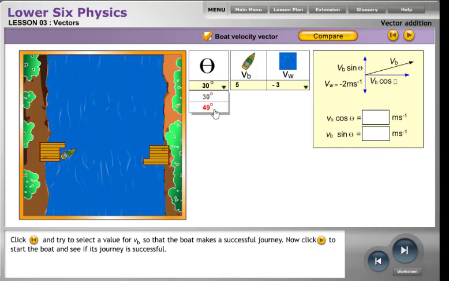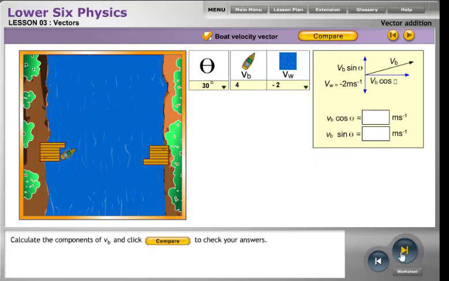Now click Play button to start the boat and see if its journey is successful. Calculate the components of Vb and click Compare button to check your answers.